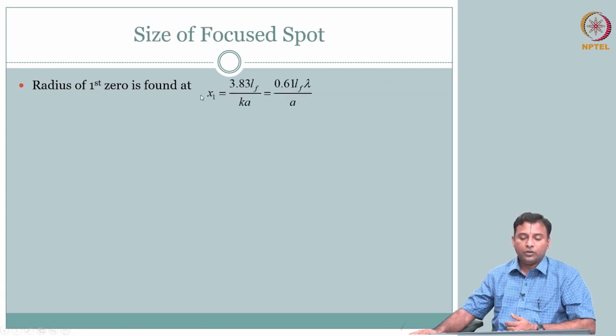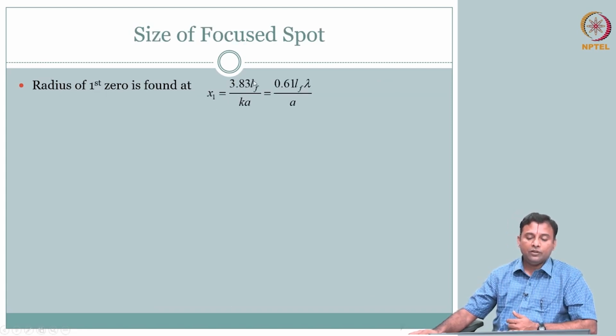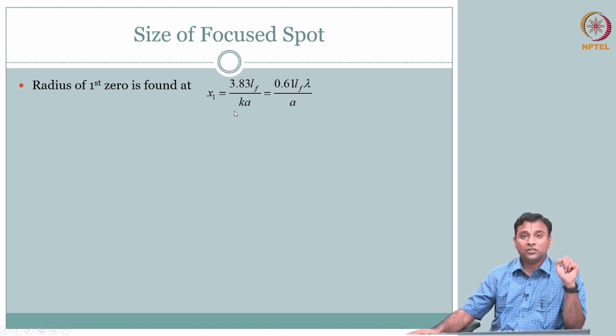So XL by LF equals 3.83 by Ka, this is what we had for the circular transducer. There we just left it like that: sin phi d is equal to 3.83 by Ka, so phi d is equal to sin inverse of 3.83 by Ka.